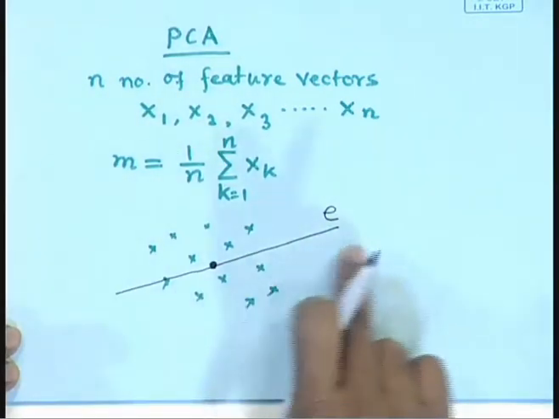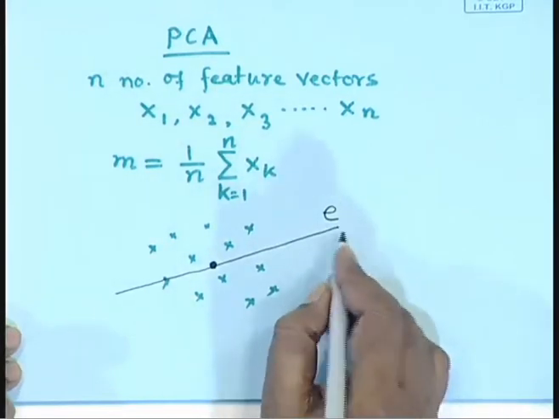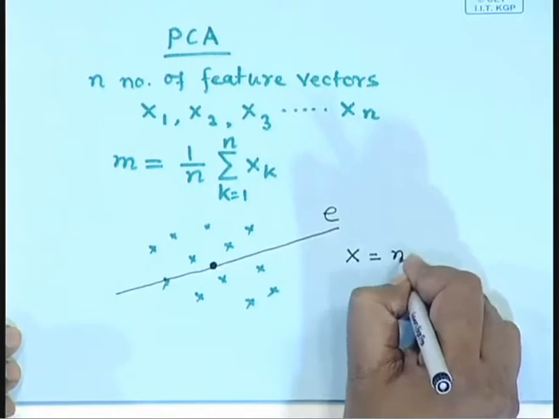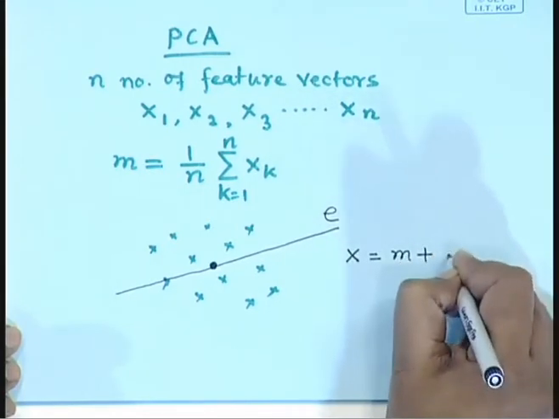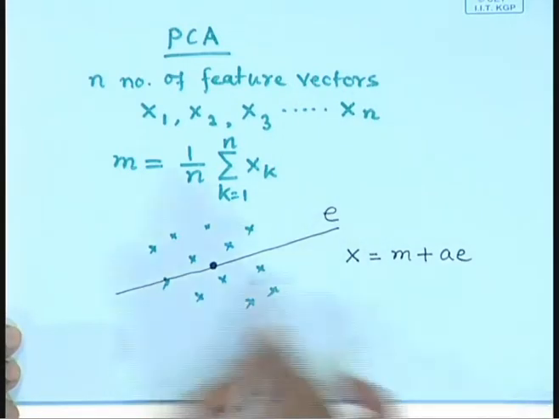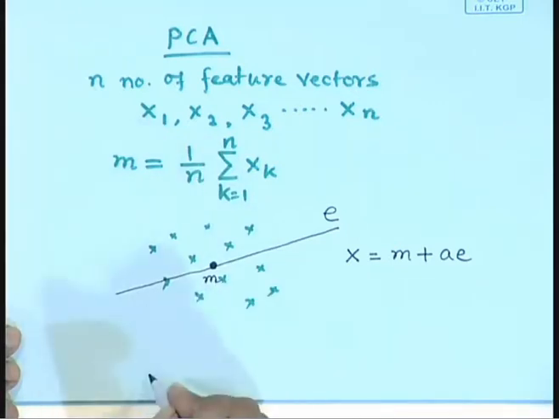So, when I have done this, you find that the equation of this line will be given by x equal to m plus a e, okay, because it passes through m, that is the mean of the given feature vectors.